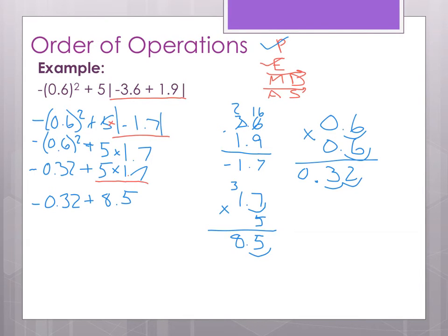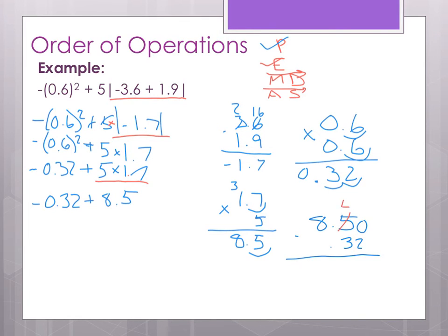Now I have different signs. I have a positive and a negative. So I need to subtract the two. The 8.5 is the bigger number, so that's the number that's going to go on top. 8.5 minus the 0.36, lining those up at the decimal. Add a 0 here to make them the same length, and it's time to subtract. I can't do 0 minus 6, so I have to borrow.